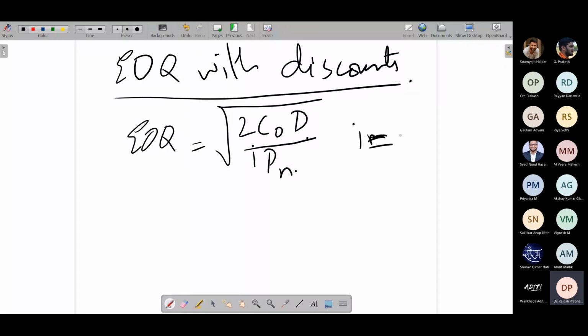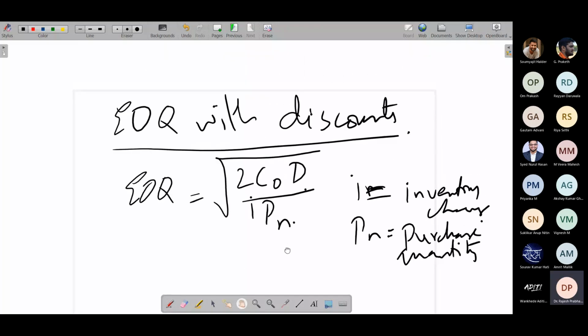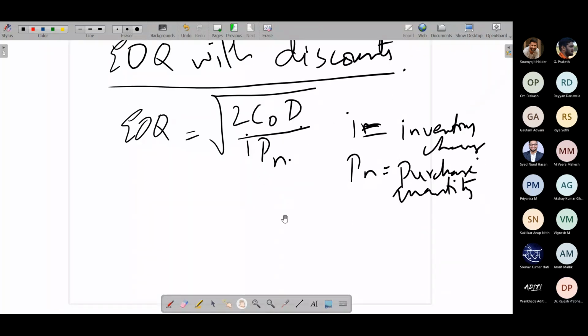I is the inventory charge, and Pn is the purchase price. So EOQ equals root of 2 CO D by I into Pn.